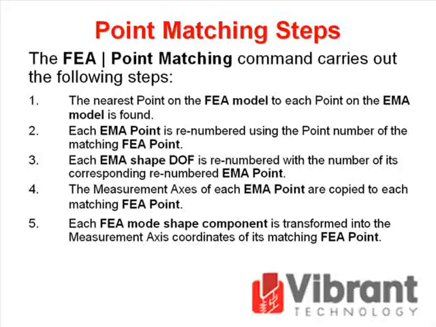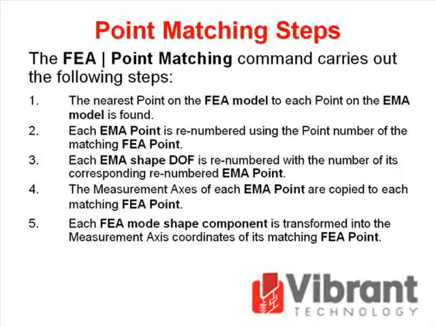Each EMA shape DOF is renumbered with the number of its corresponding renumbered EMA point. 4. The measurement axes of each EMA point are copied to each matching FEA point. And 5. Each FEA mode shape component is transformed into the measurement axis coordinates of its matching FEA point.